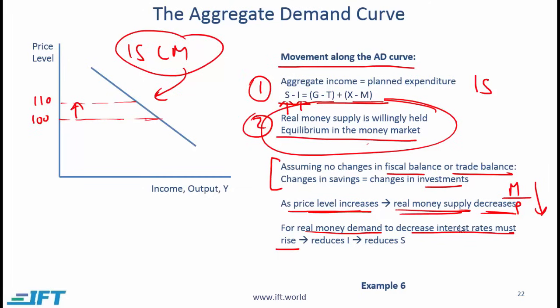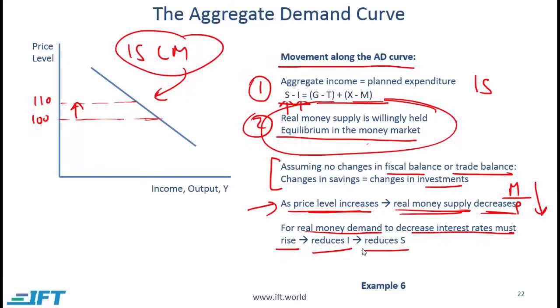Because when interest rates rise, then the demand for other investments such as stocks, bonds, etc. goes up, which means that the demand for money is down. So for real money demand to decrease, the interest rates must rise. When interest rates rise, that reduces investments and reduces savings.